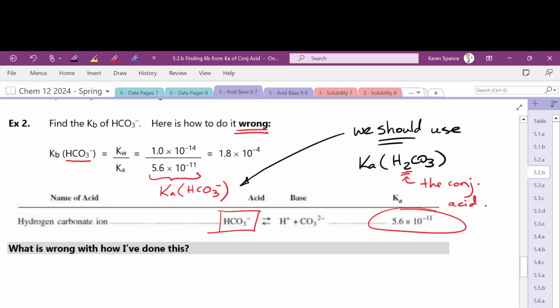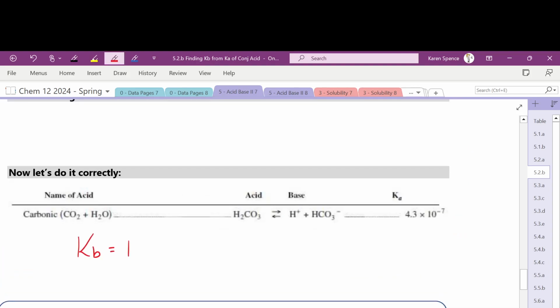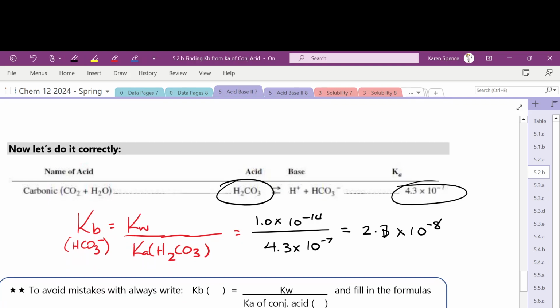So if you do it correctly, you would have Kb of HCO3 minus equals Kw over Ka of H2CO3, which is equal to 1.0 times 10 to the negative 14 divided by, and now we find our H2CO3, that's 4.3 times 10 to the negative 7, and we get 2.3 times 10 to the negative 8. Is good.